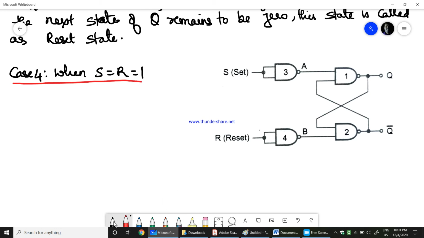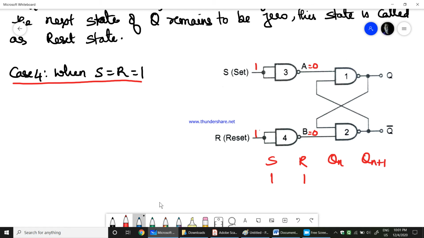So in this case, when S and R both are 1, A will be equal to 0 and B will be equal to 0. So S and R is 1 and 1. Let us see how Qn and Qn plus 1 will behave.